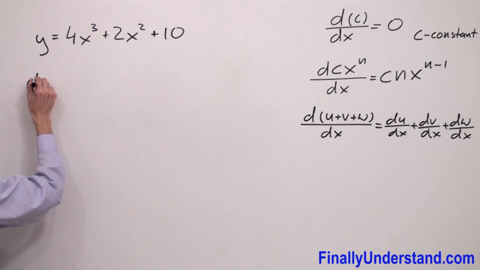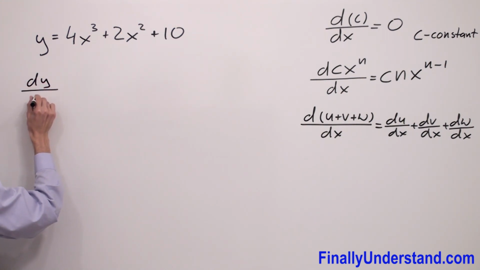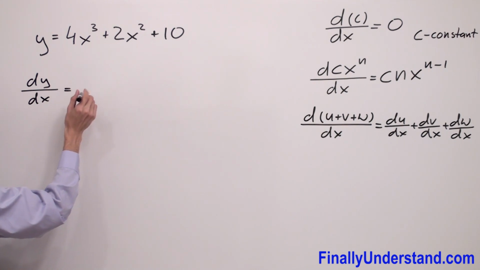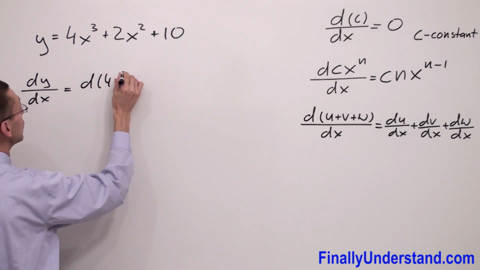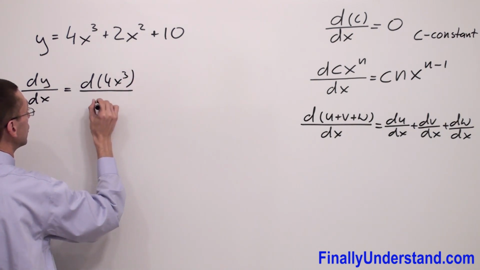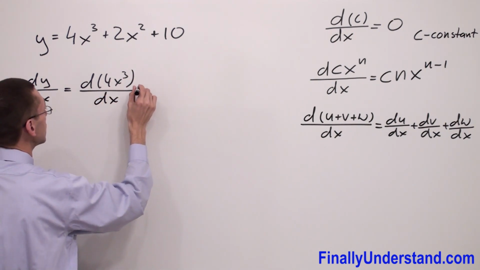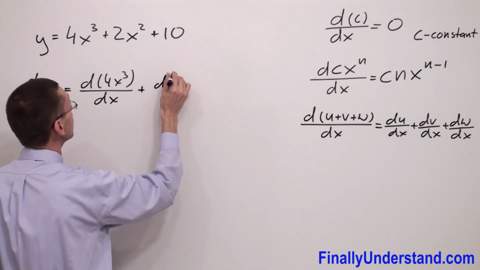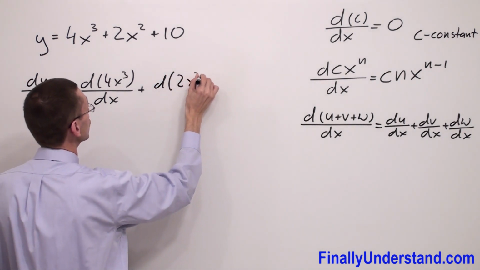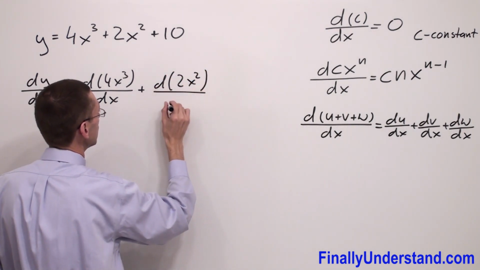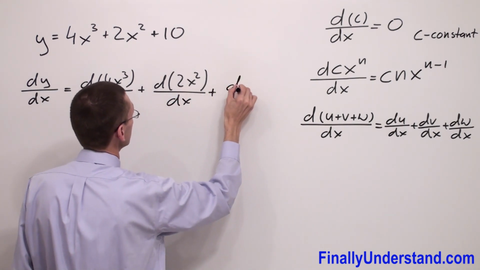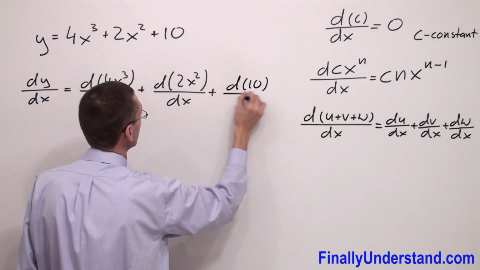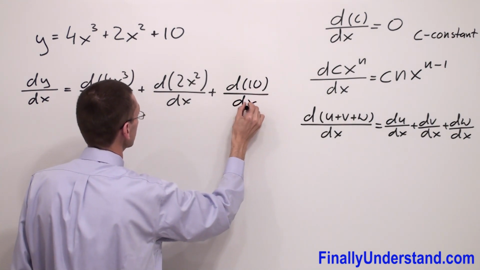So what I'm supposed to do? Simply write dy over dx is equal to the derivative of 4x cubed over dx plus the derivative of 2x squared over dx plus the derivative of 10 over dx.